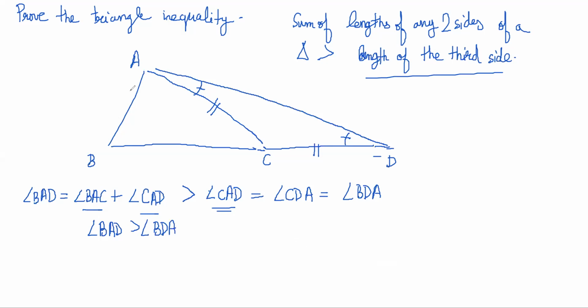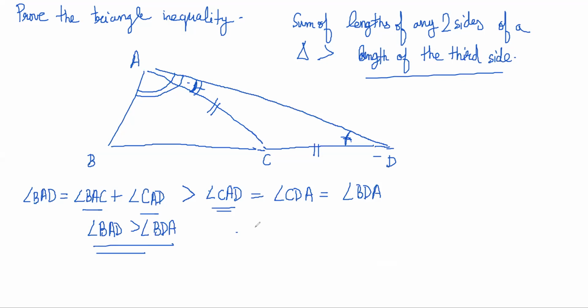Is everyone understanding what I'm doing? Yes, sir. This whole angle is bigger than this part angle, and the part angle is equal to this angle. So the whole angle is bigger than this angle. Once you get this, we'll use greater angle has greater side opposite to it.